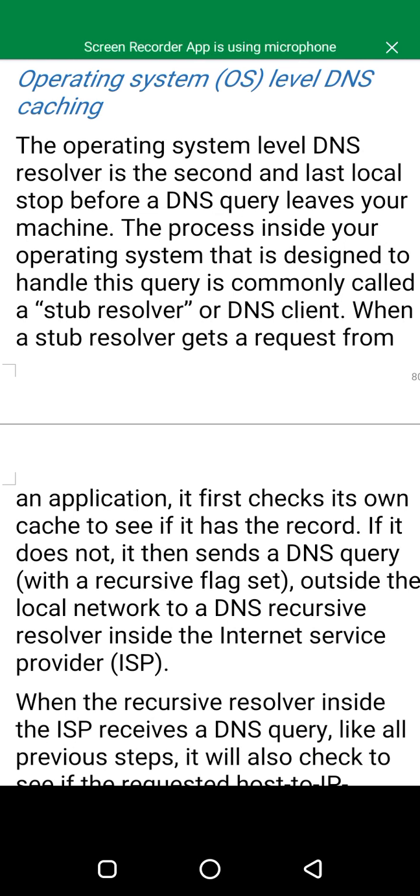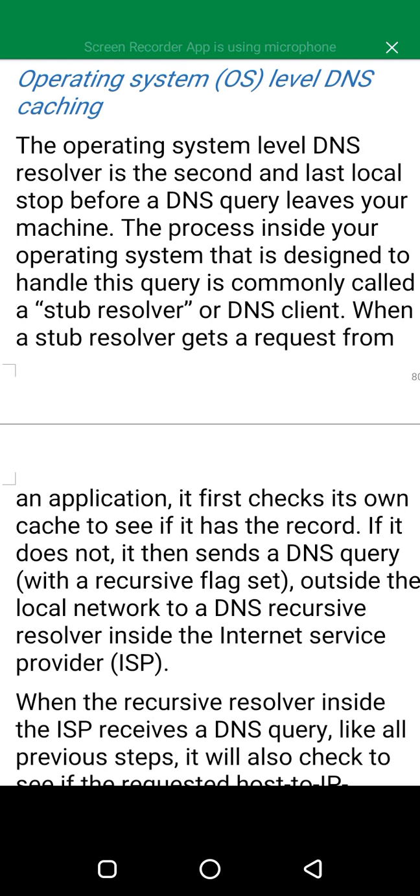When a stub resolver gets a request from an application, it first checks its own cache to see if it has the record. If it does not, it then sends a DNS query with a recursive flag set outside the local network to a DNS recursive resolver inside the internet service provider.